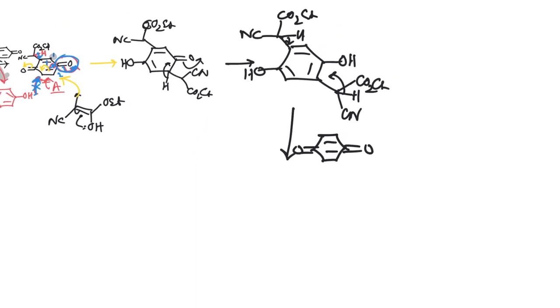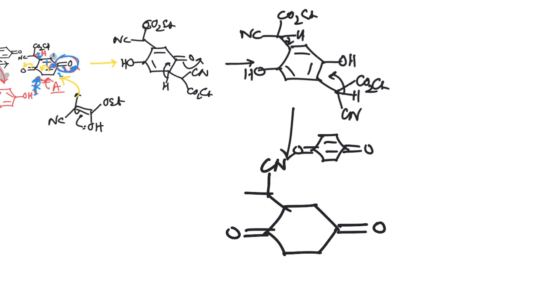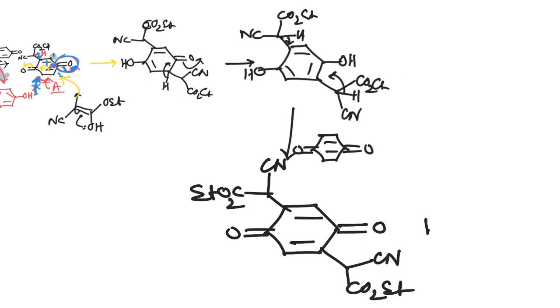Let me draw it clearly. That will basically give you this product: this CN, this CO2Et, here this CN, here this CO2Et, here you have a double bond, here double. So this is our product B.